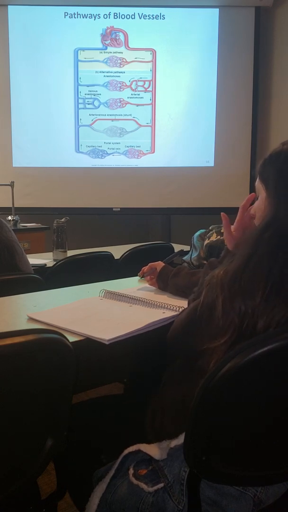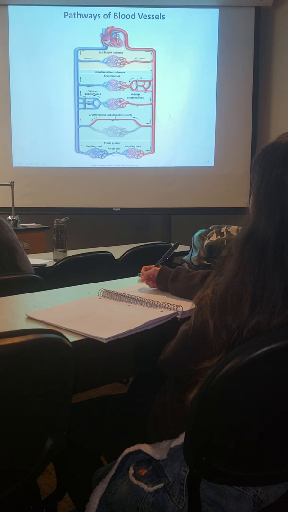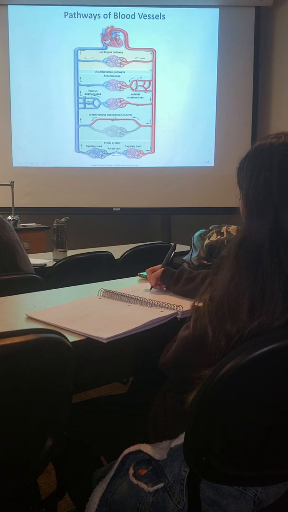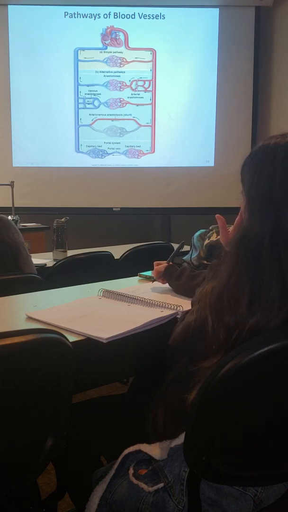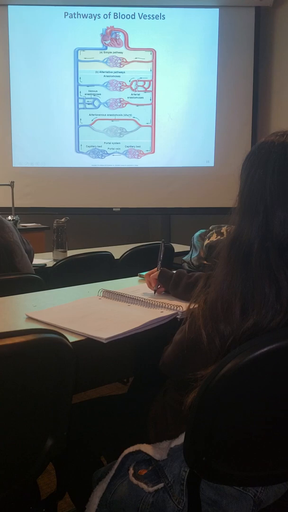So when you have an arterial anastomosis, it's a connection between two arteries. If you have a venous anastomosis, it's a connection between two veins. If you have, right here, an arteriovenous anastomosis, it's a connection between the artery and vein. You're basically bypassing that capillary bed, which is otherwise known as a shunt. Okay?